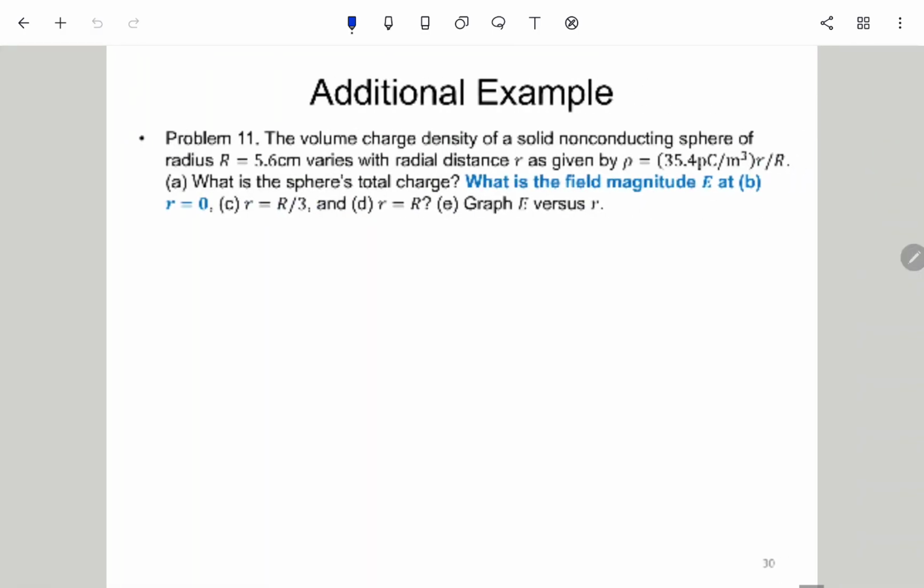For question B, what is the field magnitude at R equals 0? At R equals 0, E equals 0. Because if you try to draw a very small Gaussian surface, you enclose almost nothing.